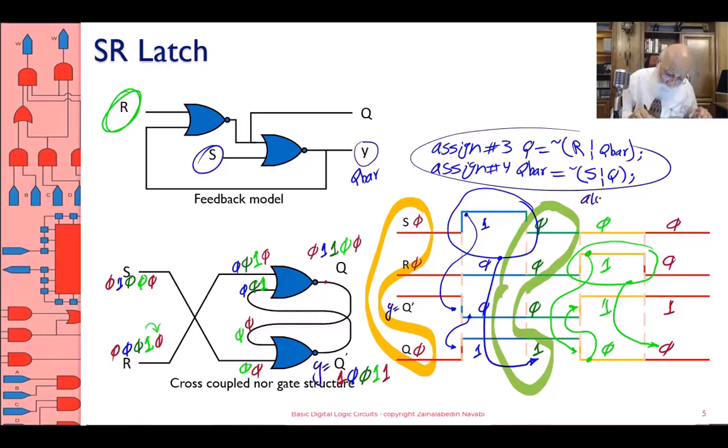Always at when S changes or when R changes, if S is 1, okay, Q becomes 1, else if R is 1, Q becomes 0.